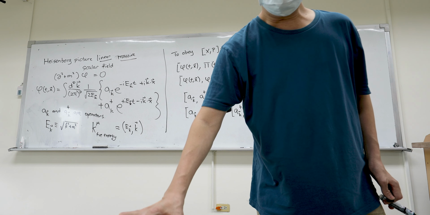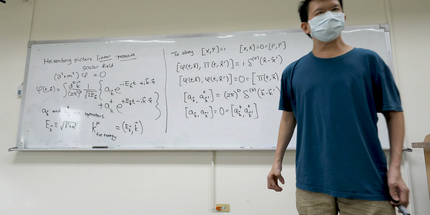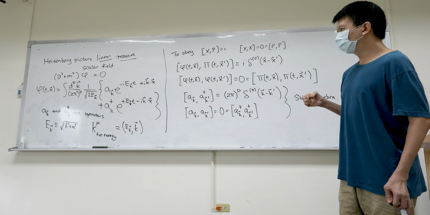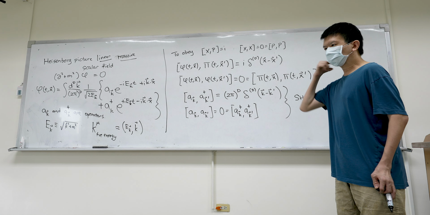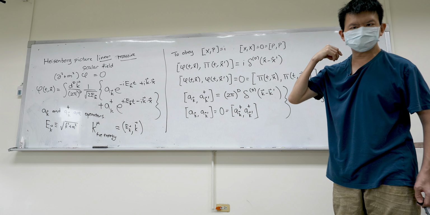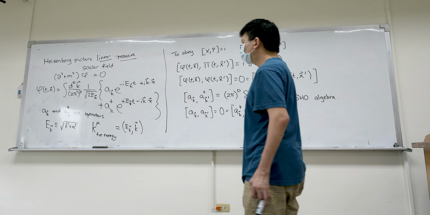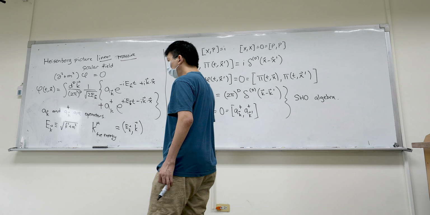Again, the key point is to recognize that this holds for each mode, each momentum mode, right? The complication here is there are infinite momentum modes, and so we have to integrate over all momenta.